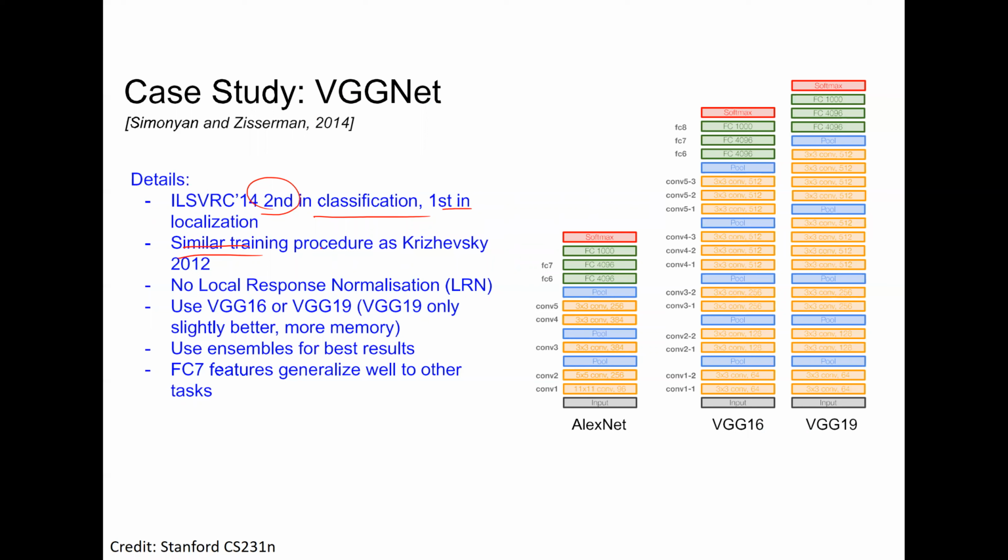And it followed a similar training procedure as AlexNet. And it did not use local response normalization, LRN, as in AlexNet. And VGG19 was bigger than VGG16. However, the performance gain was quite marginal, slightly better. So you can choose either of these. And it also used ensembles for best results. And FC7 features generalize well to other tasks as well.